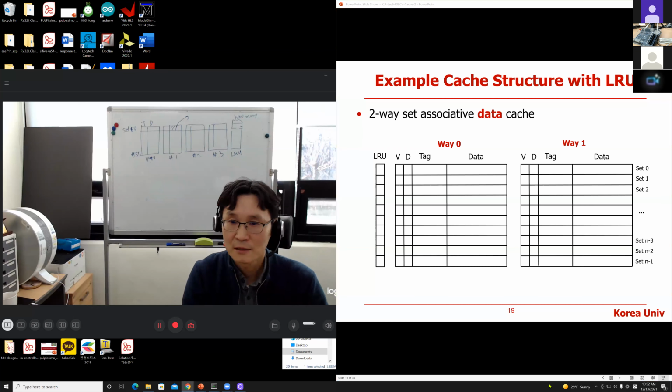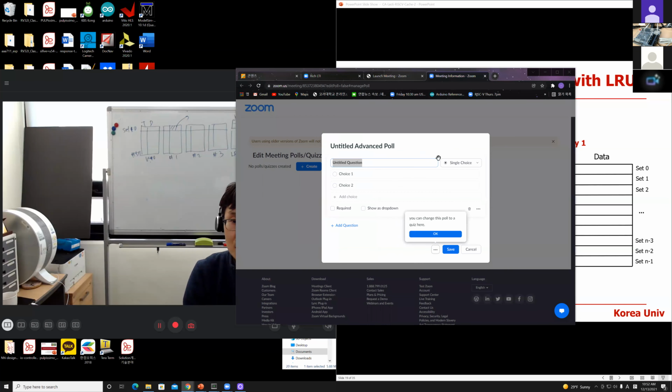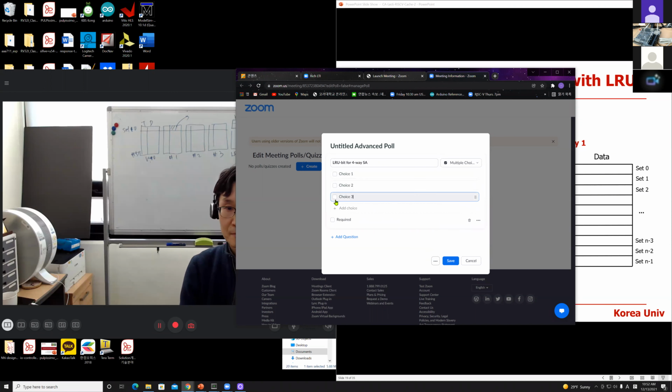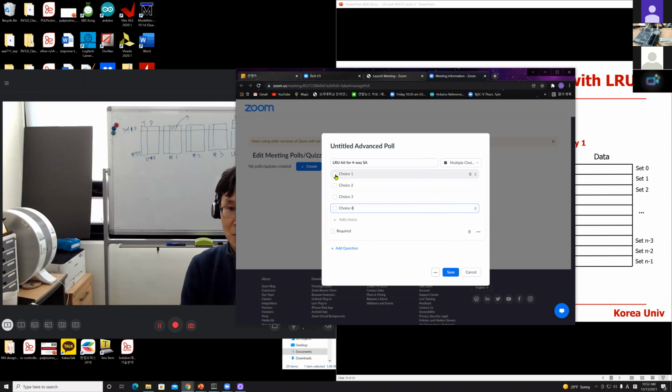Create an LRU bit question for a 4-way set associative cache. First one. Okay, 4 choices.